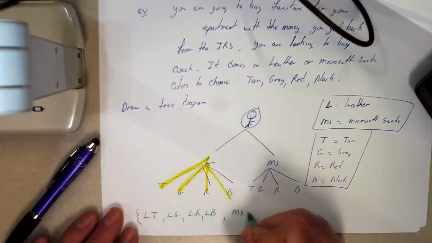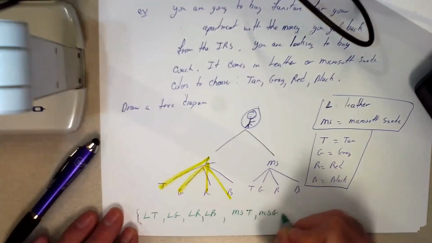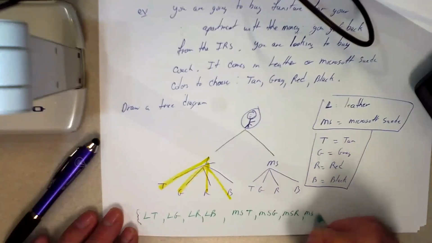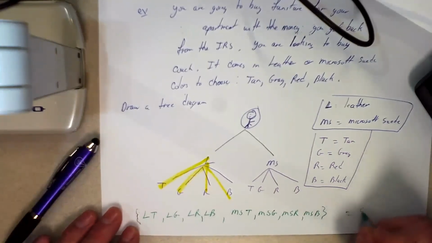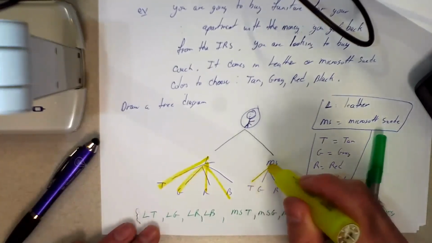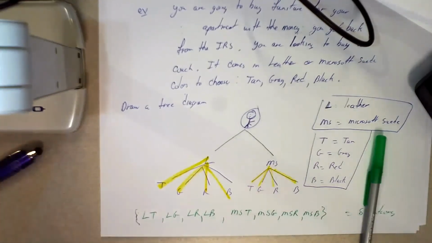Microsuede tan, microsuede gray, microsuede red, and microsuede black. So I should have 8 outcomes. All right, and I think we're done with our lesson.